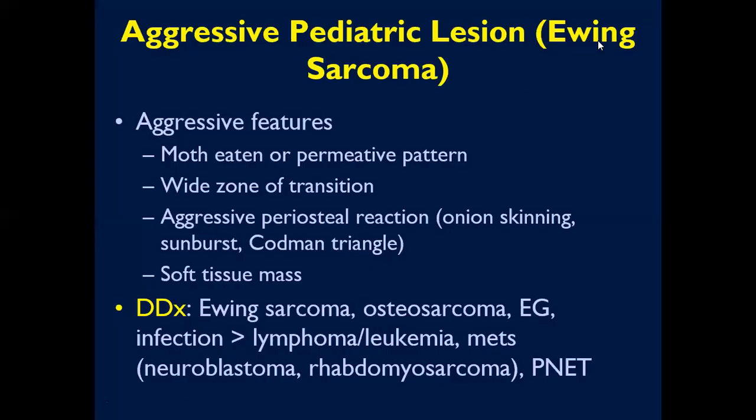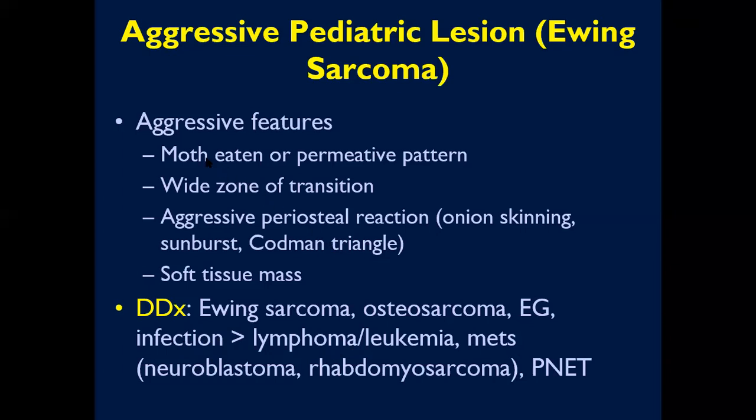One of the best differentials that you include is Ewing sarcoma. You can put osteosarcoma, eosinophilic granuloma, but it's more lytic infection, which is important, that sometimes you cannot differentiate between infection and Ewing sarcoma. Also lymphoma, leukemia, and metastasis.